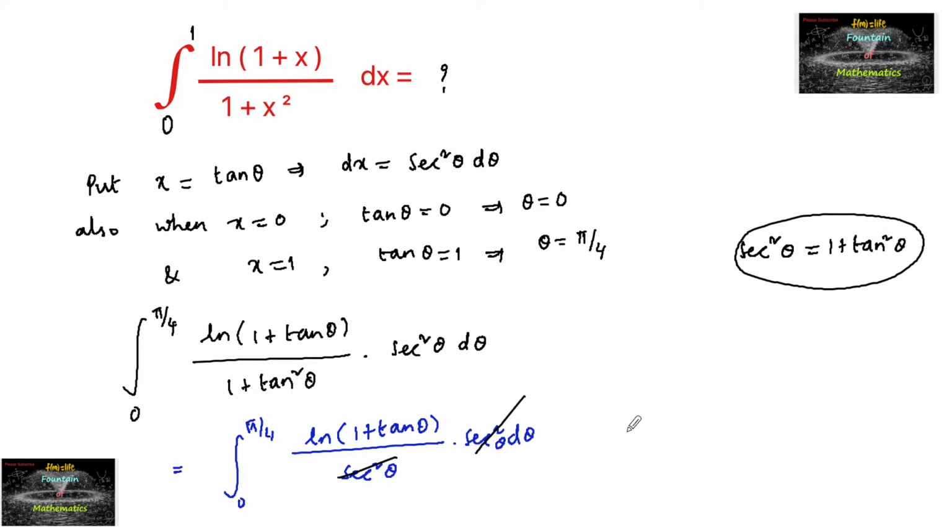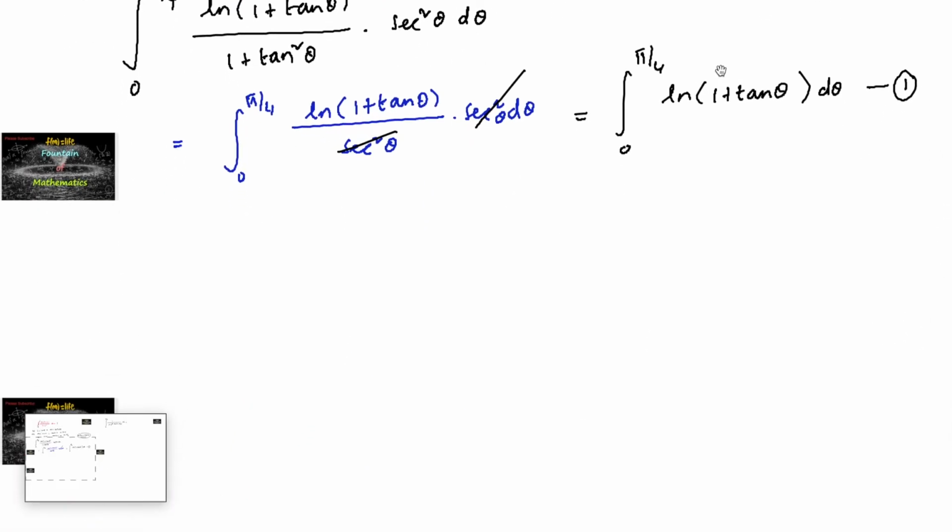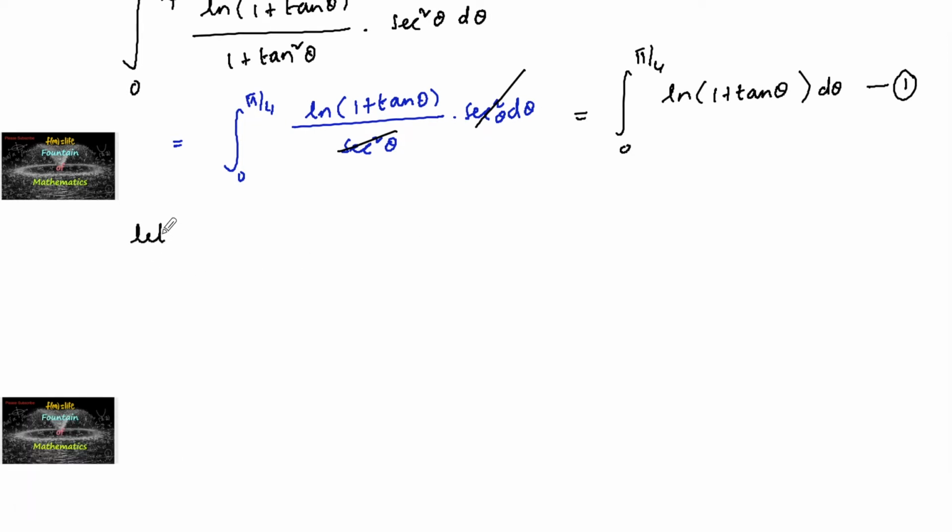So we will get here, which is equal to integral 0 to π/4 of log of (1 + tan θ) dθ. So let us consider this as the first one, or say I is equal to integral 0 to π/4 of log of (1 + tan θ).